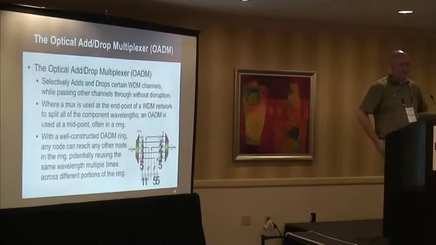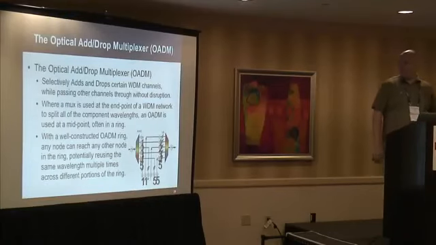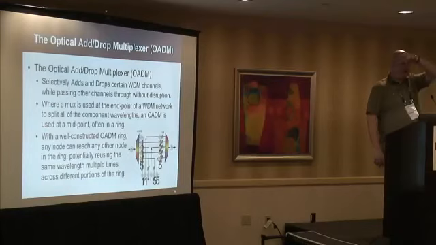The next thing is called an OADM, an optical add-drop multiplexer. What this lets you do is pass some channels through while dropping others. So you might have fiber going across, and you might have this device here, and you say you want to pass 30 channels unmolested right through, but you want to drop 10 that you want to actually work with.